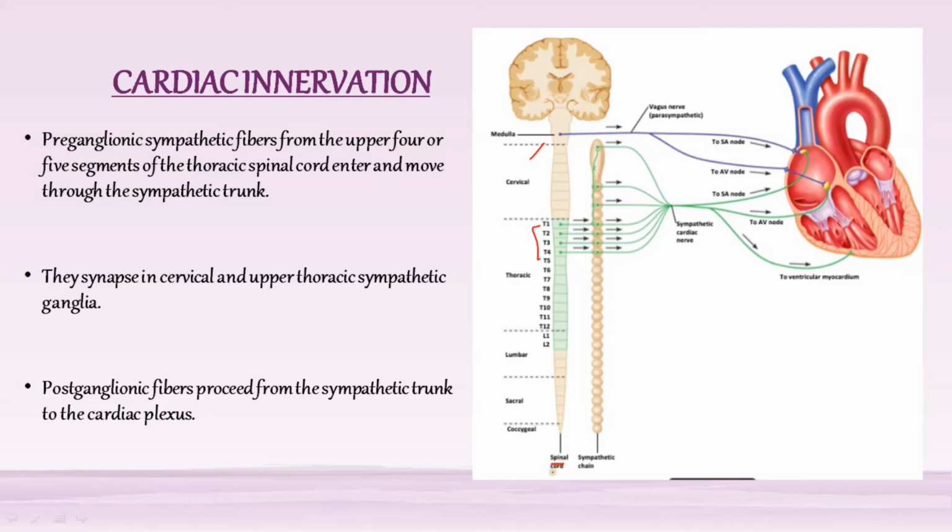The preganglionic fibers arise from the spinal cord. From which segment? Upper 4 or 5 thoracic segments of the spinal cord. These preganglionic fibers enter into the sympathetic trunk or the sympathetic chain, which is present on each side of the spinal cord.